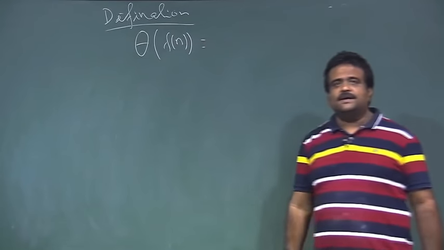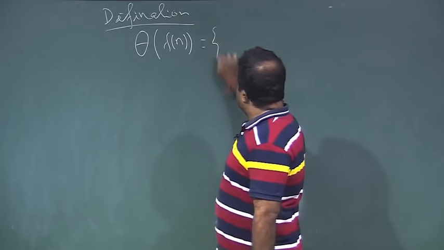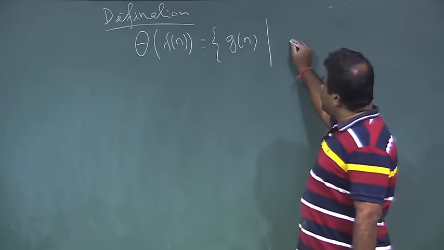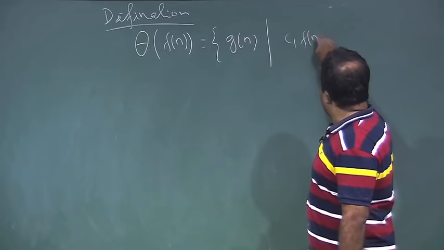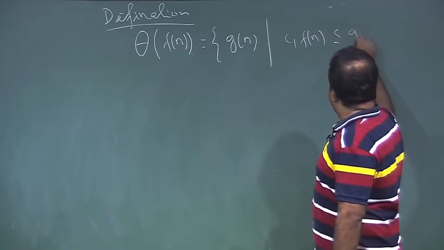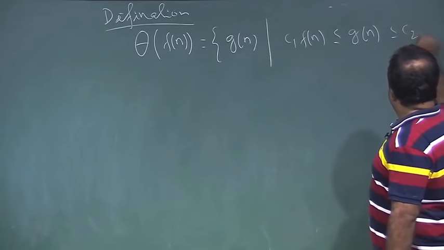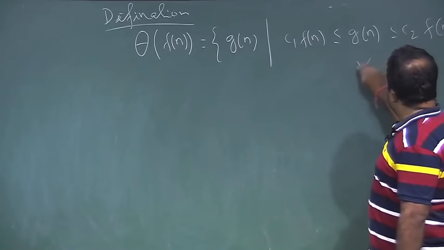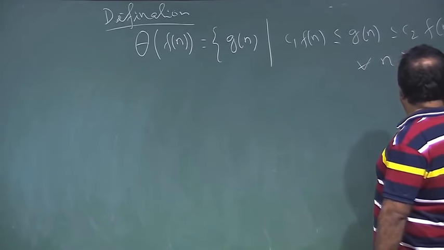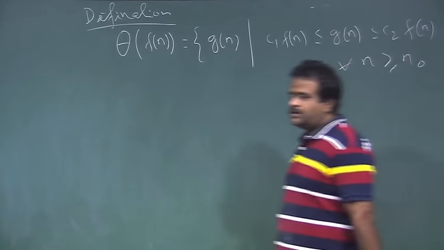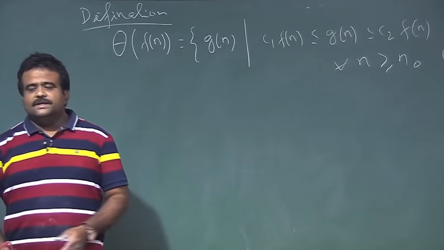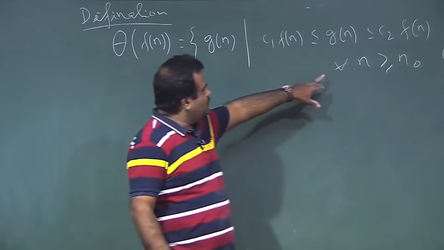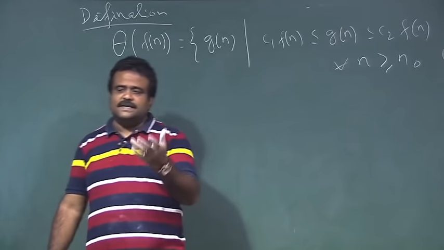It is basically the set of all functions g of n such that c1 of f of n is less than or equal to g of n, which is less than or equal to c2 of f of n, for all n after some n0, because we do not care about low n, we want to see the growth of the runtime as n tends to infinity.